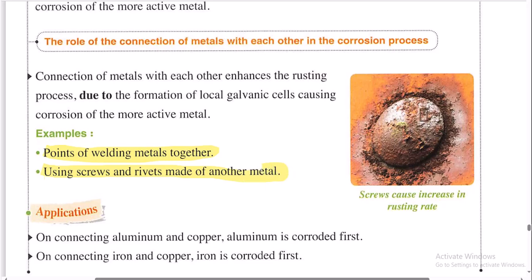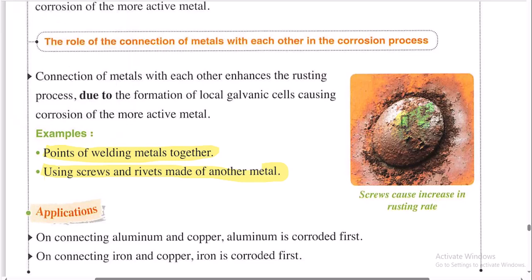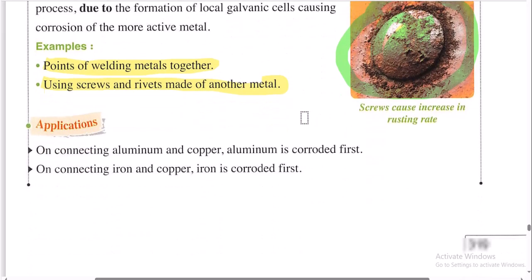This rivet is of one metal, or this screw is of one metal, and the other surface is composed of another metal. So the more active metal of the screw or the surface acts as anode and is corroded easily.